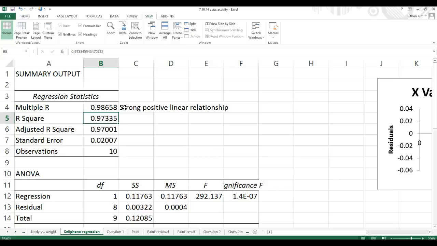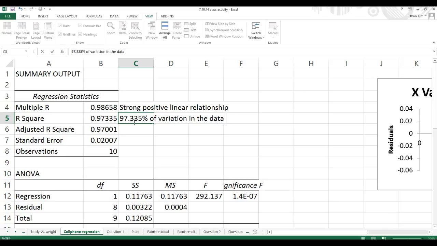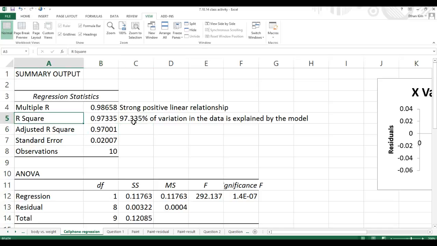So that's why we say we are very satisfied with this result, because 97.335% of variation in the data is explained by the model. Okay? And again, just to let you know, R squared means simply correlation squared. So if you square this number, you would get this number, right?